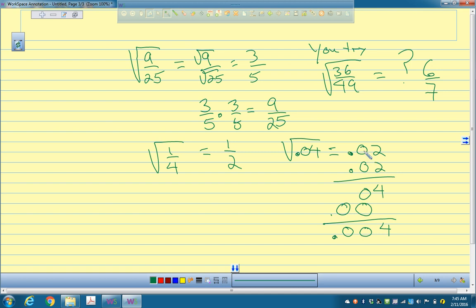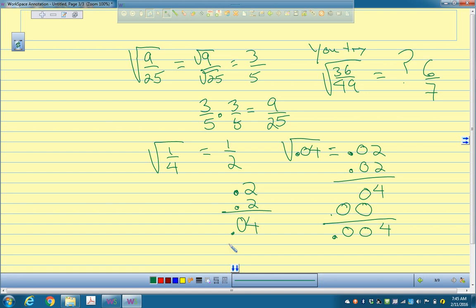Who figured out what it is supposed to be? What is it, Allie? It's just plain old 0.2, because 0.2 times 0.2, multiply this times this, you get 4. And you move it over 2 decimal places, okay?